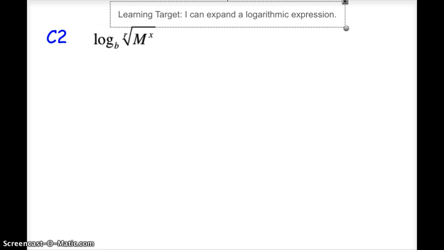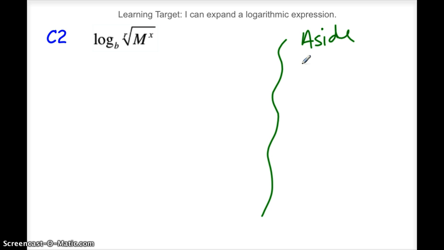Next up, we've got this root here. Now, off to the side, let's have a quick recall. Earlier in the year, we talked about, let's say, the fifth root of x cubed. We talked about rational exponents, meaning exponents that were fractions.